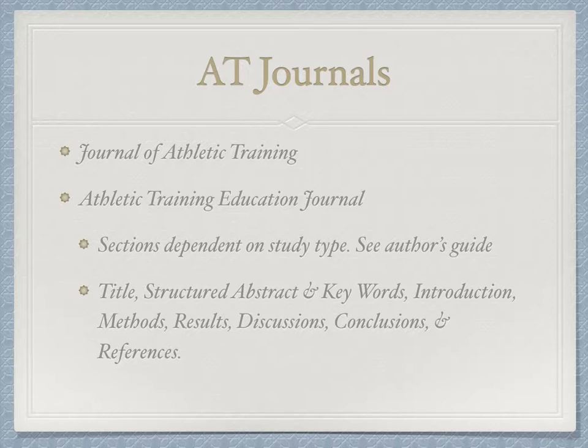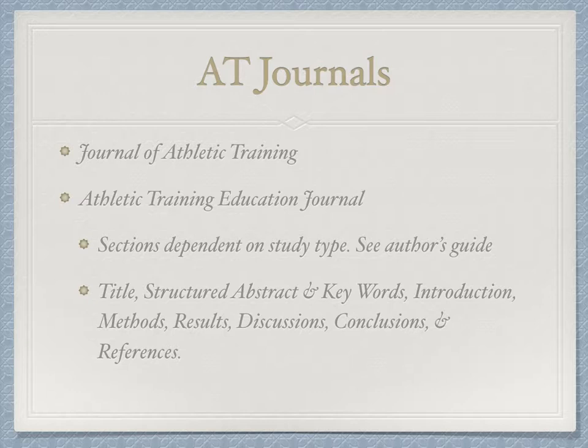You'll have a title, obviously, and we'll talk about what makes a good title. Some kind of abstract. In our 2 AT journals, we use structured abstracts, and we'll talk about that more later in our class. We have keywords, which are the main points of the article, and this is what drives the internet search. So when you type in a couple of words while searching through our various databases, that helps us find articles.